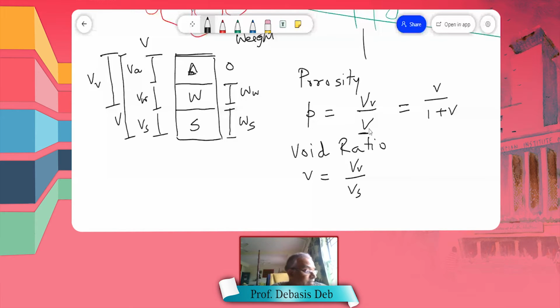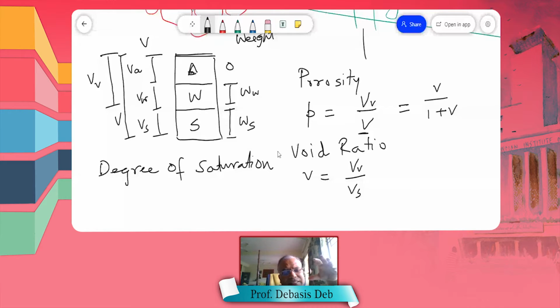Next definition is degree of saturation. Say these days rain is happening, and many people ask whether the soil is fully saturated.